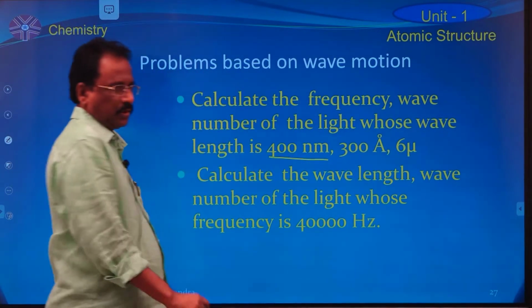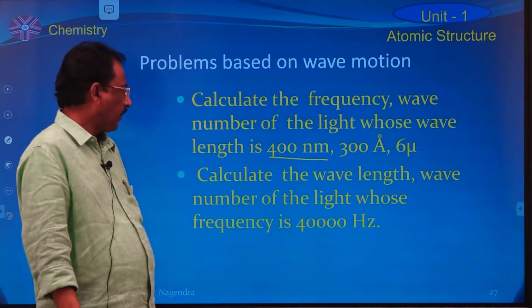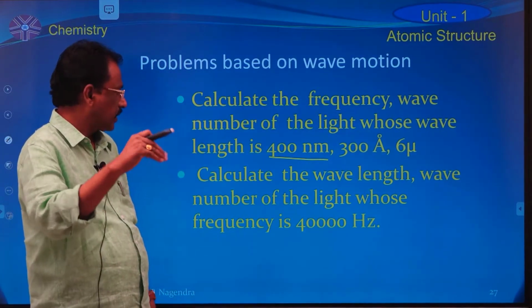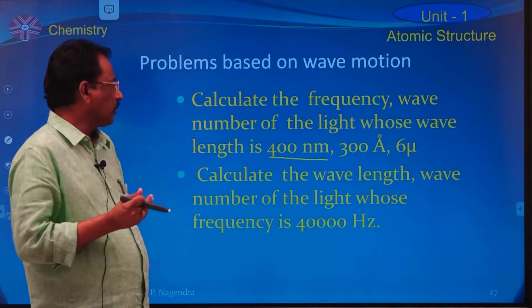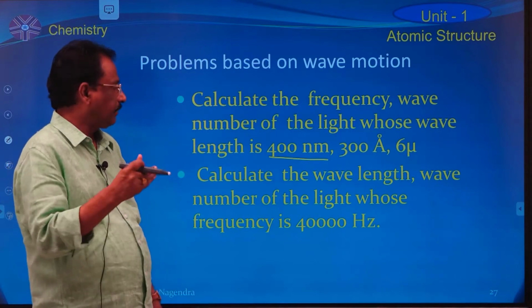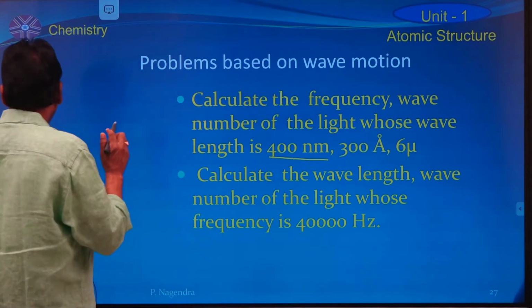For example, if you know the lambda value of any type of electromagnetic radiation in various units, it is possible to calculate its frequency and wave number with the help of this formula.